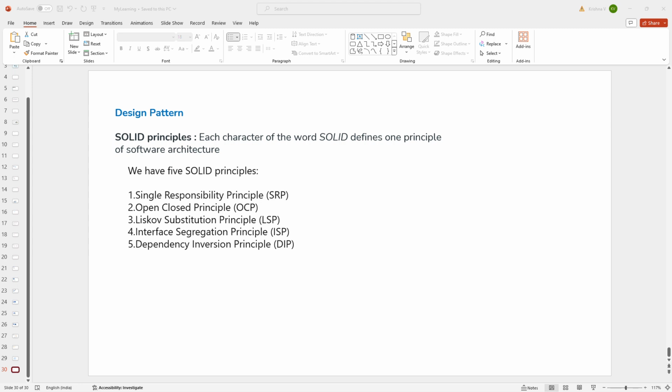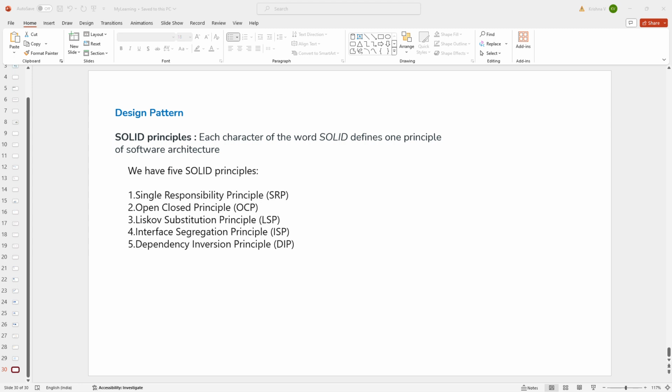I'll explain in detail when we are doing the coding. And the open closed principle: the software module should be extendable, open for extension and closed for modification.